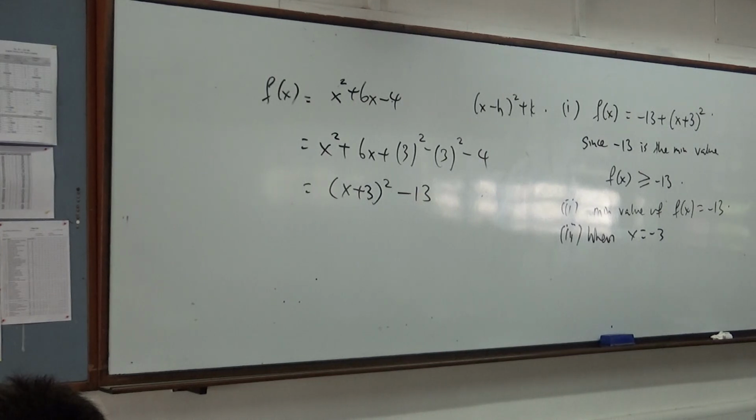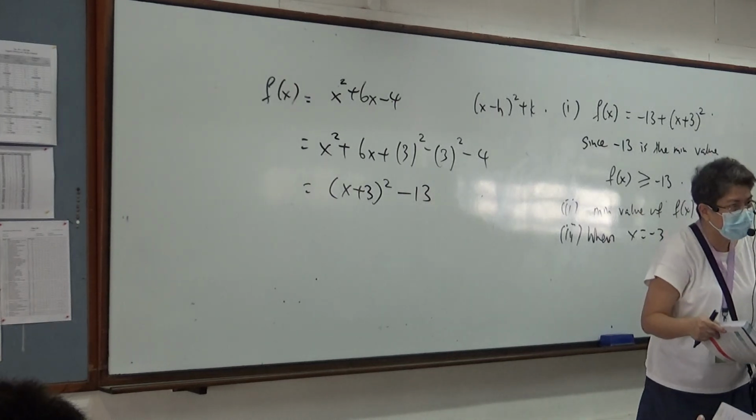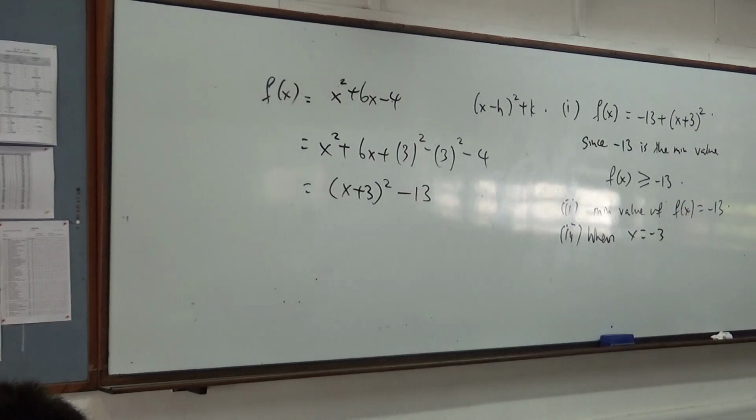Okay? Look at page 4. All of you. Look at page 4, before example 3. When the coefficient of x squared is not equal to 1, we need to factorize the quadratic term and the linear term before we apply the method of completing the square. This is what I have told you long ago, right?